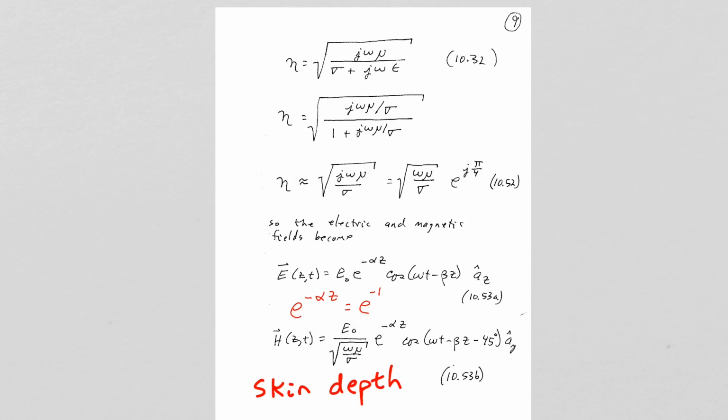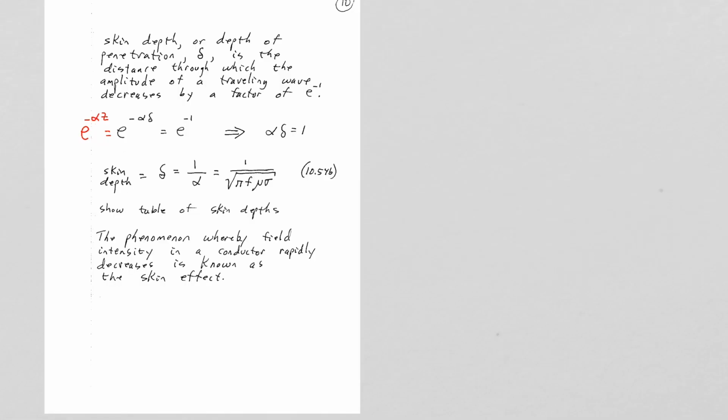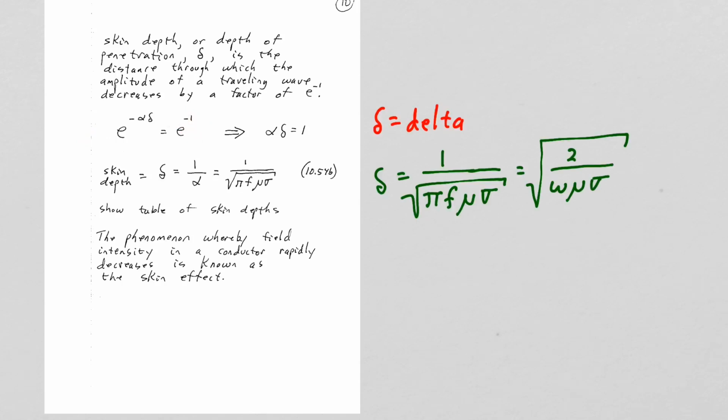The symbol we use for skin depth is delta, so we replace z with delta and set e to the minus alpha delta equal to e to the minus 1. The skin depth is 1 over the attenuation constant, so we see that the skin depth is going to vary with frequency.